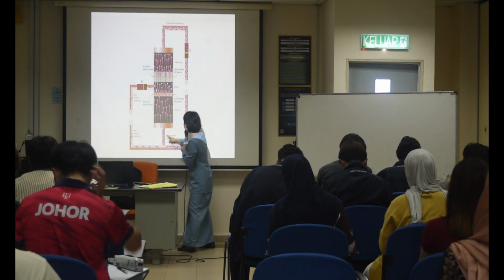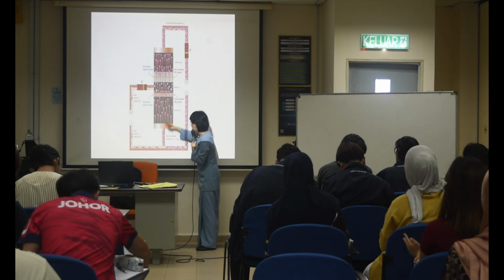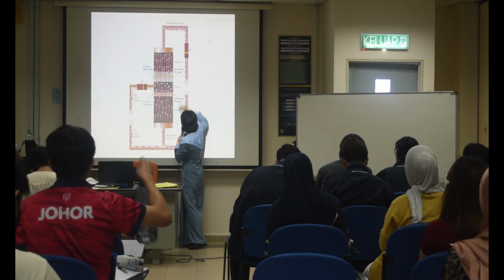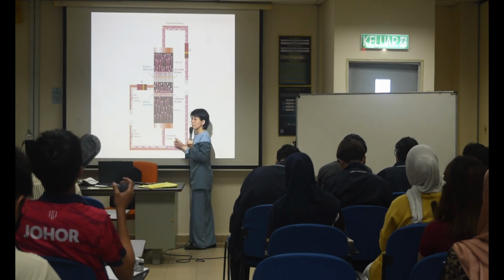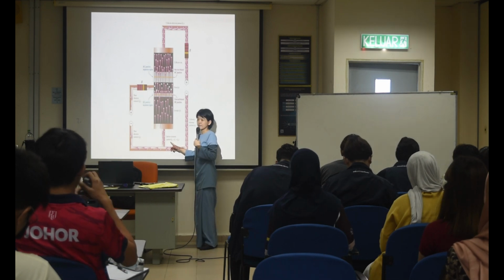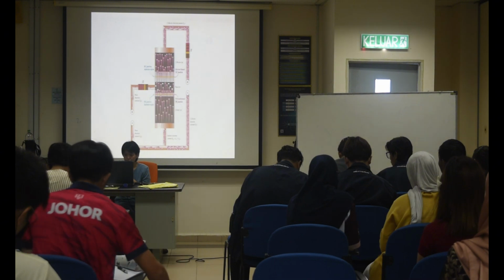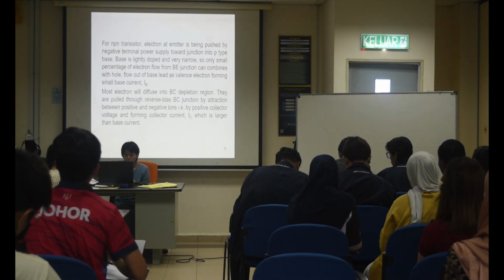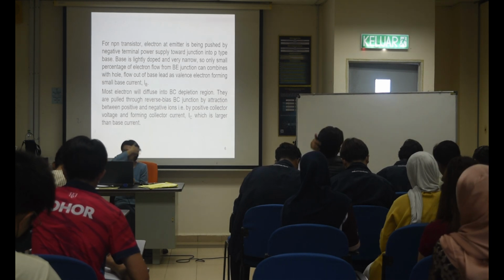And then here is the IE. Okay, IE actually is IC. You see here go this side, here go this side. At the end, they combine. So IC added with IB, you can get IE. Okay, understand? This is just the formula. So this one is the explanation of whatever the video shows you.